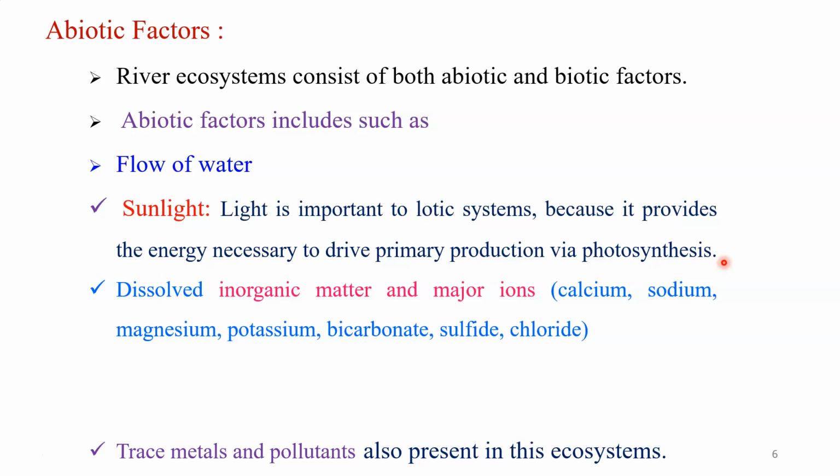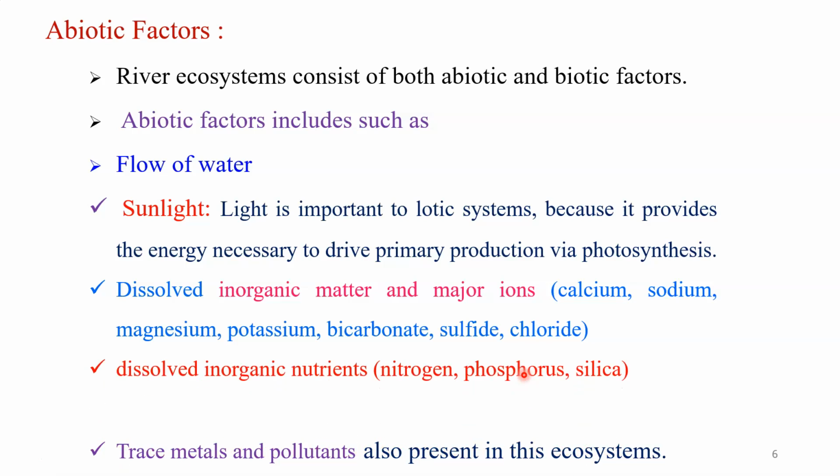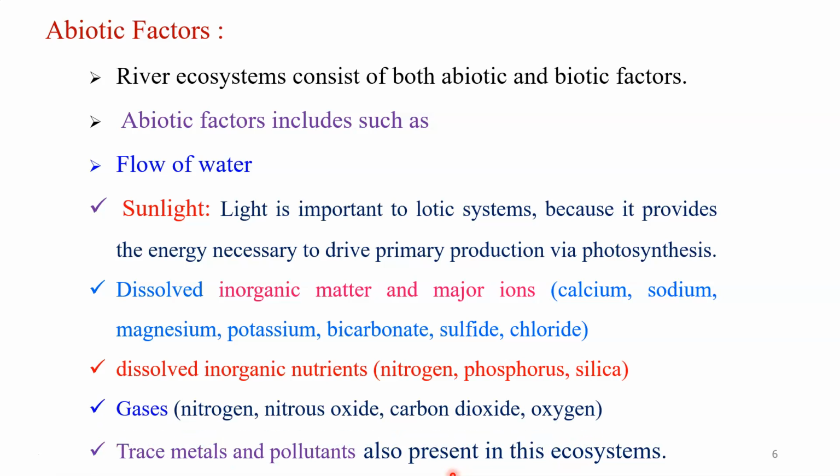Then we have various dissolved inorganic matter and ions that we observe in the river ecosystem, such as calcium, sodium, magnesium, potassium, bicarbonate, and chloride. We also have other dissolved inorganic nutrients, such as nitrogen, phosphorus, and silica, and some gases such as nitrogen, nitrous oxide, carbon dioxide, and oxygen.